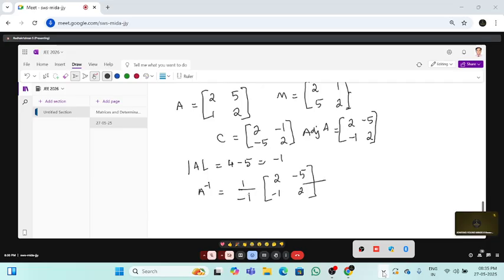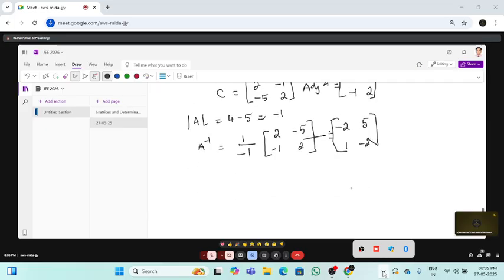So you simply multiply all the elements by -1: -2, 5, 1, -2. This is your A inverse. Now we already saw that X is equal to A inverse into B.